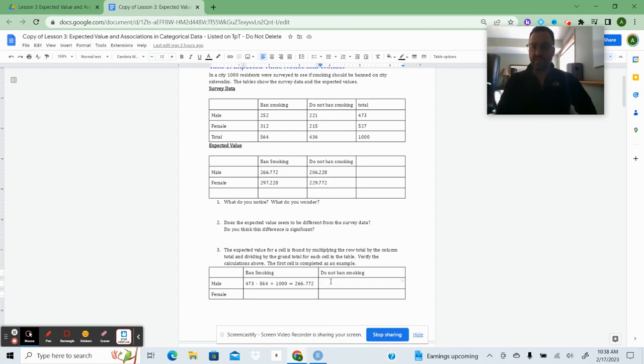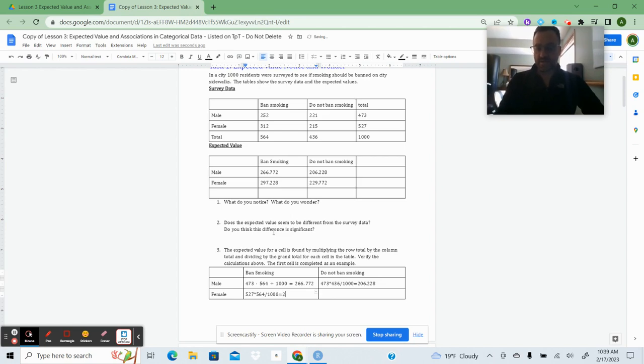So if I wanted to figure out the expected value for males that do not want to ban smoking, we take the row total, 473, times the column total. So I'm just going to put star 436, and then divided by 1,000. And then that gives us our 206.228. Then here for females, we do the row total, 527, times the column total, 564, divided by 1,000.